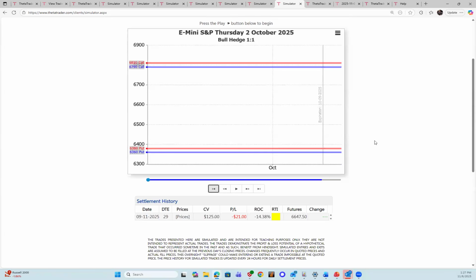Here's a strategy called a bull hedge. If you're bullish, for example, you can buy an out of the money call spread and finance it by selling an out of the money put spread. So you sell this put spread, collect the premium, and then you use it to buy this out of the money call spread. If the market rallies, then that trade should do well. So here's something on September 11.